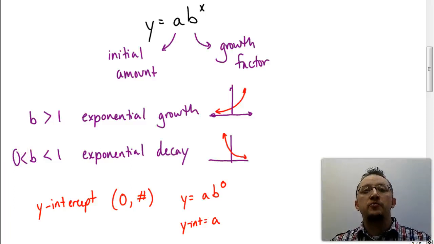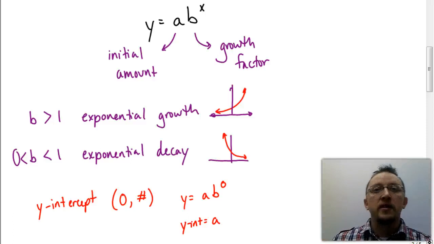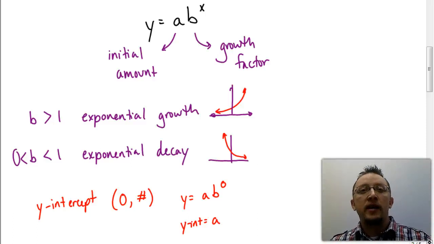The graph represents what we call exponential decay, like we looked at in story problems before dealing with depreciation. So that means that over time the graph is going to be decreasing in value. You can see that as you follow the x-axis, the graph is decreasing. So that represents exponential decay.